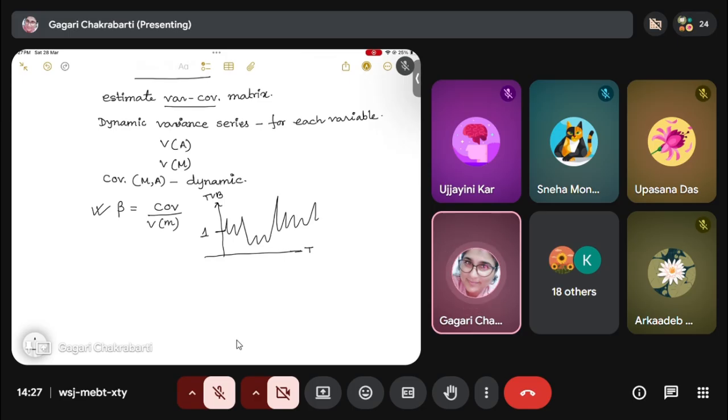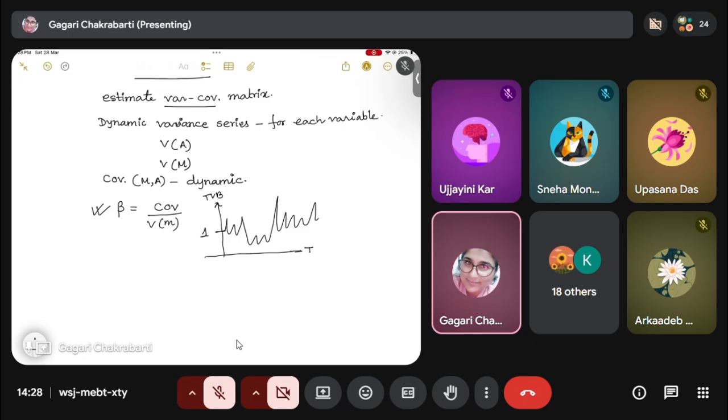So when you estimate, what will be your output? You can extract the conditional variance series for all the variables that are part of your system. So here you have two assets, or rather two variables, one is the asset, other is the market.